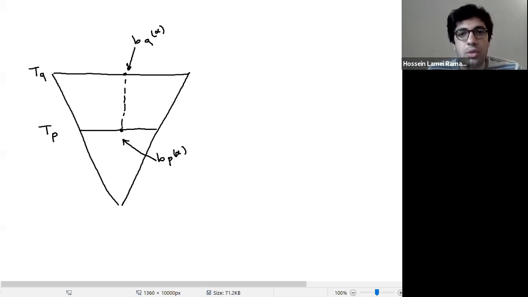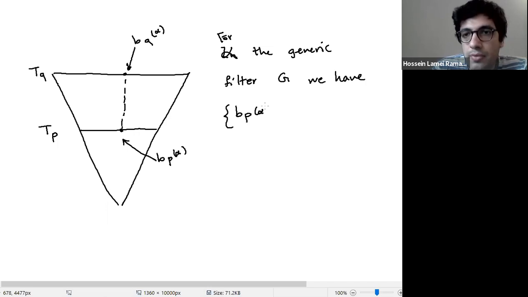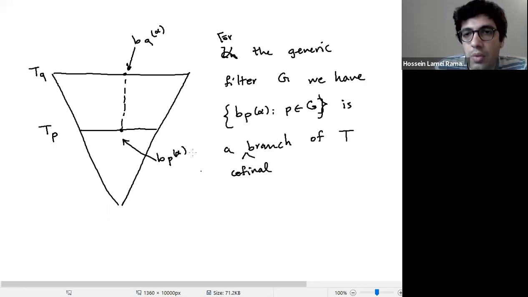So in fact, this is going to have the property that for the generic filter, we have this set, the BP alphas for P in G, is a cofinal branch of T, and we call it B alpha.